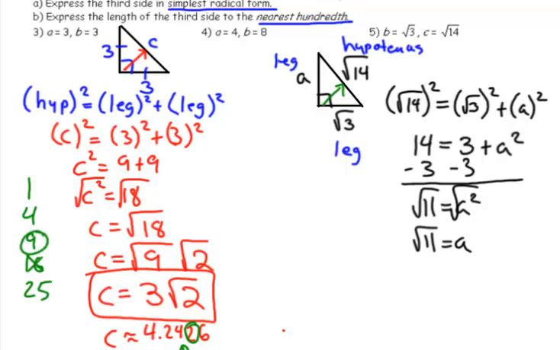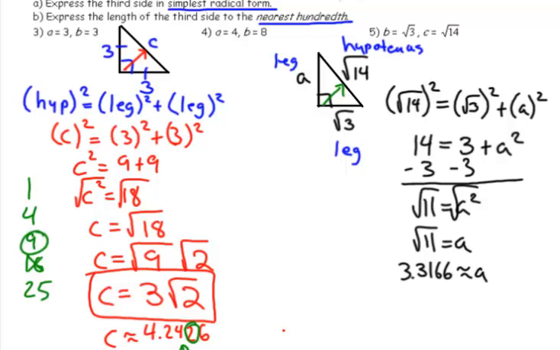Can we simplify that? Well, let's look at our perfect squares. Will 9 go into 11? No. Will 4 go into 11? No. Will 1? No. So there it is in simplest radical form. Rounded to the nearest hundredth becomes 3.3166.